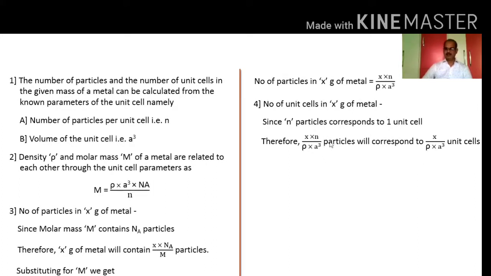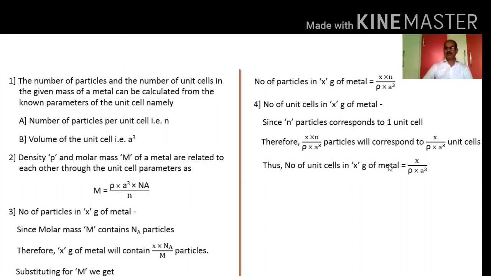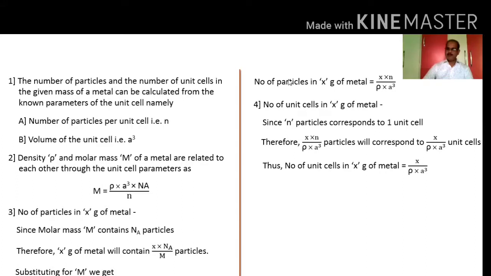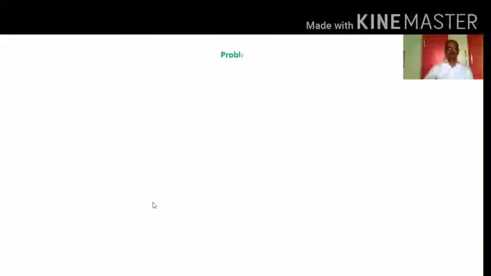Just by cross multiplying and cancelling n, you get x upon rho into a cube unit cells. So the number of unit cells in x grams of a metal is x upon rho into a cube. These are the number of unit cells and particles in the given mass of a metal, where the given mass of metal is x grams. But the number of unit cells in the volume V of the metal will be V upon a cube.